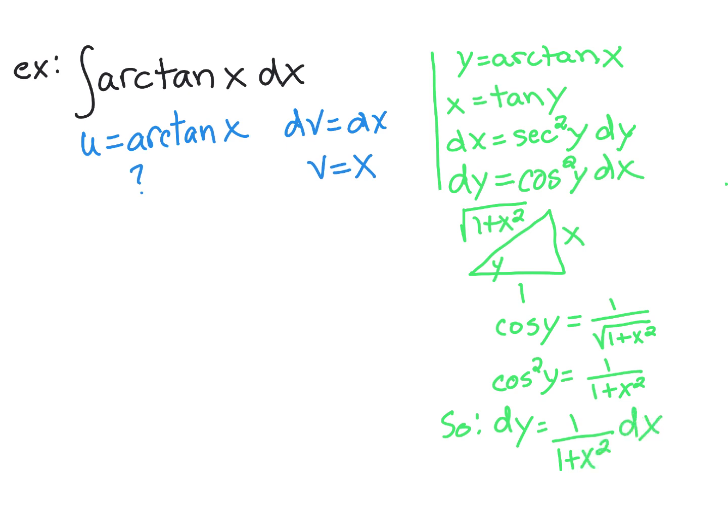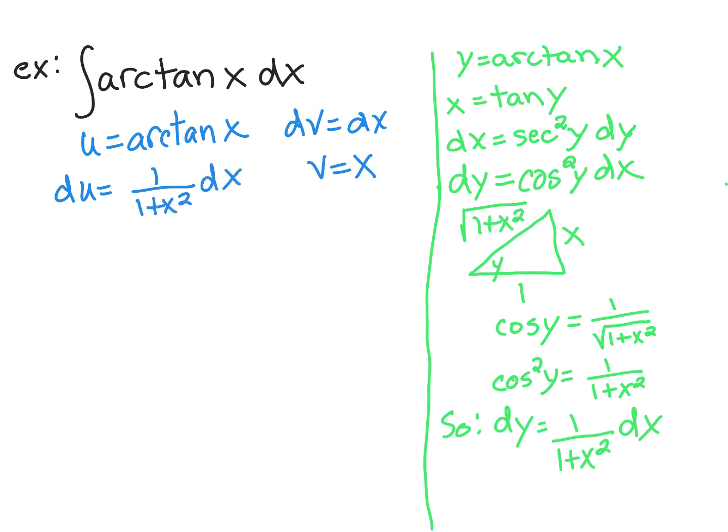Isn't that the coolest thing ever? So you can always derive the derivatives of the inverse trig functions if you've forgotten them. So if u is the arctangent, then du is going to be 1 over 1 plus x squared dx.